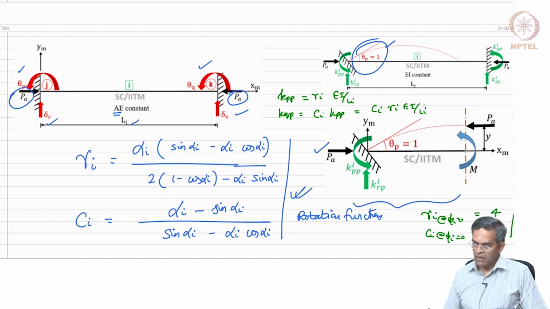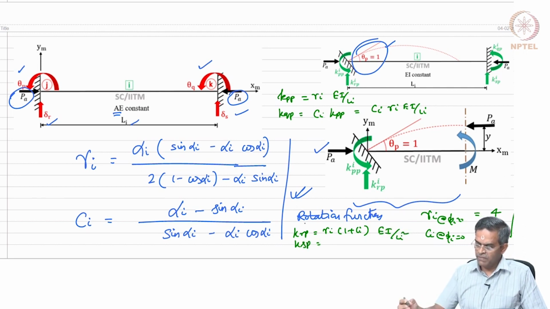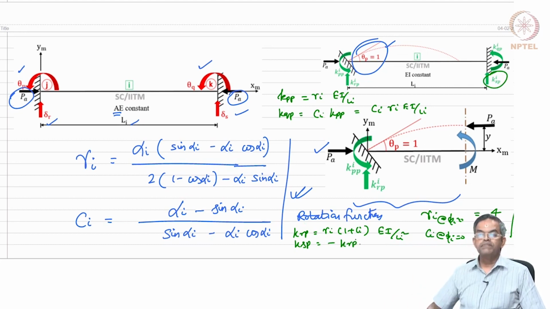And we said Krp is Ri times 1 plus Ci, Ei by Li square, and Ksp, which is here, was minus Krp. We derived this, is it not?